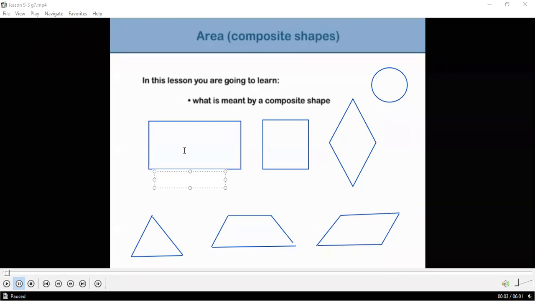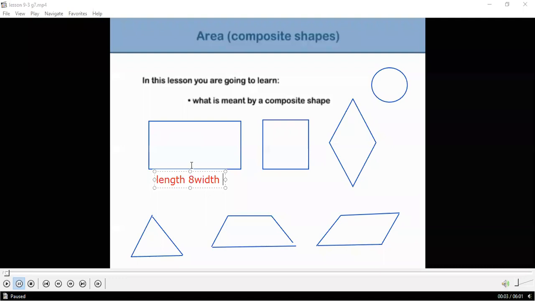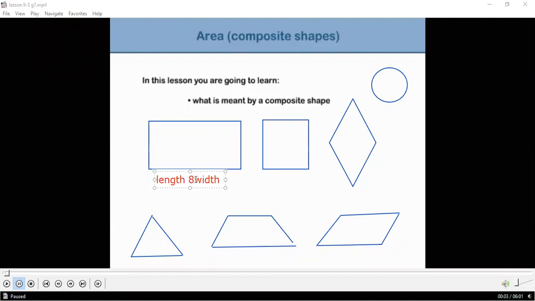It will be length multiplied by width. Very good.